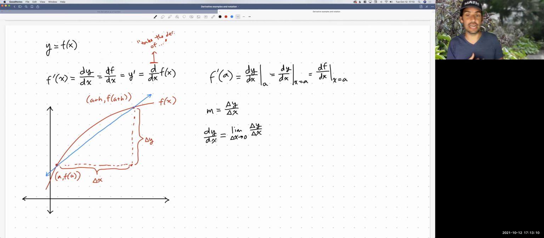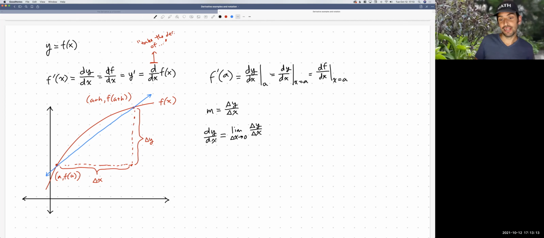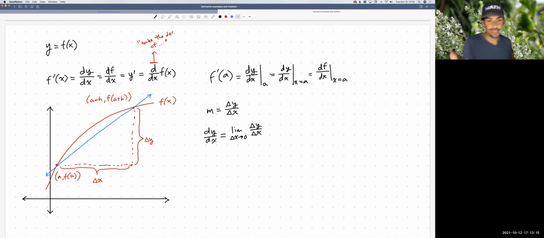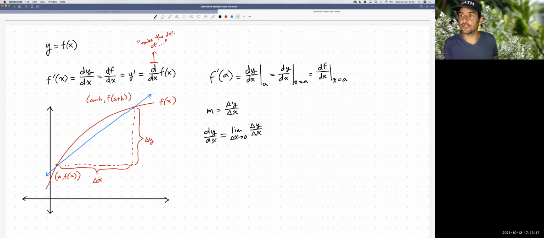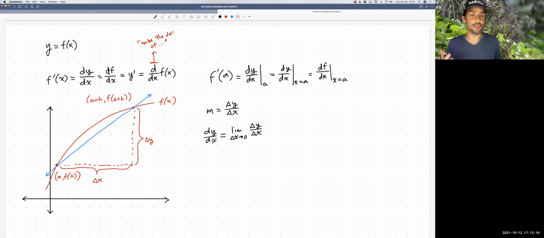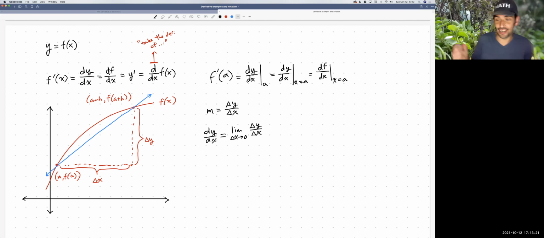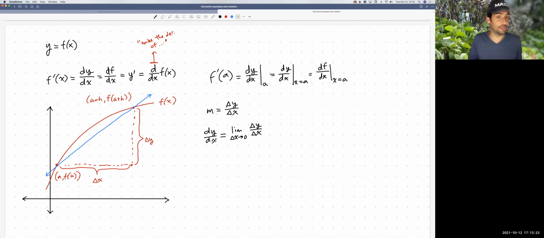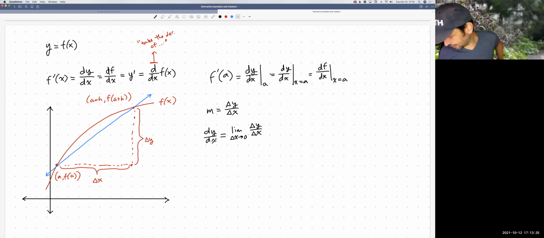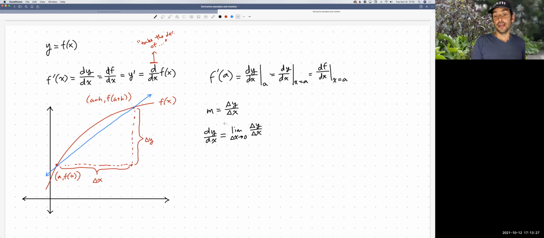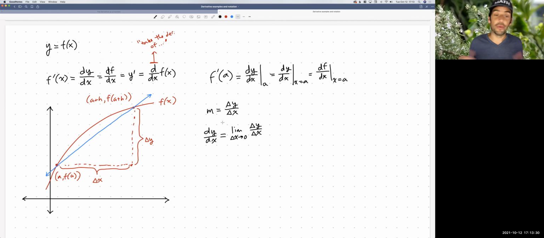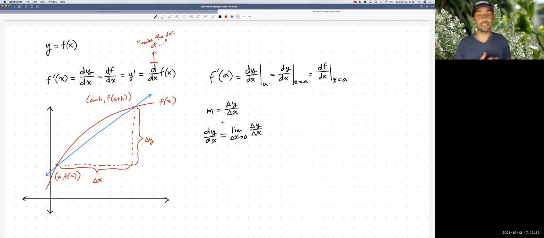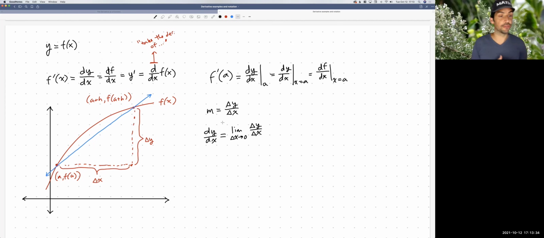This is a pretty common notation: the delta is usually still small, but a handleable small size, whereas with dy dx we're talking about infinitely small, right? It's kind of a trickier thing to get our head around. But this is another way that we can formulate the idea of the derivative and where this notation comes from.